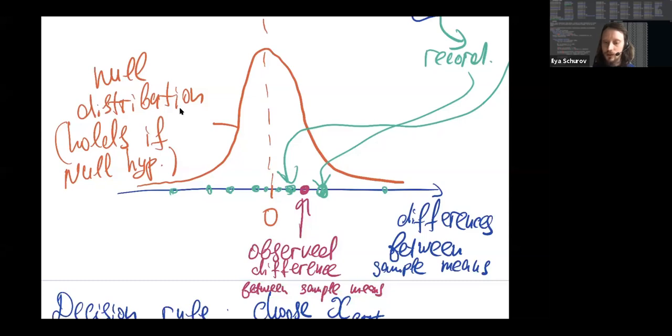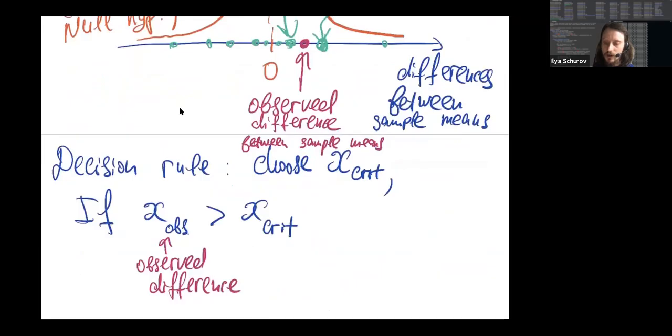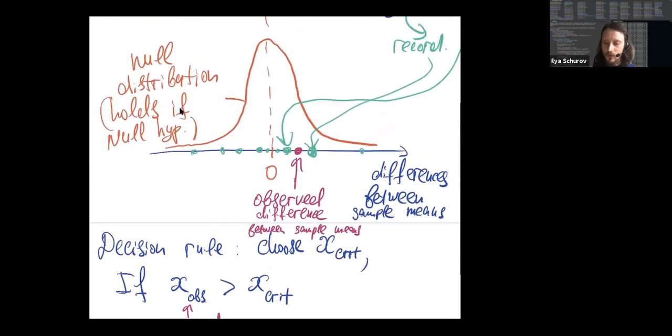So to answer these questions, I put this observed difference on this picture. And then I say the following: if this observed difference is positive and large enough, it is somewhere here, for example, then I will reject the null hypothesis because, let us specify, this is the SPB sample mean minus the Moscow sample mean.